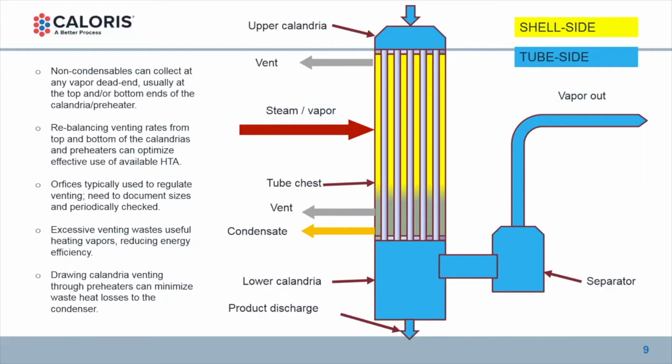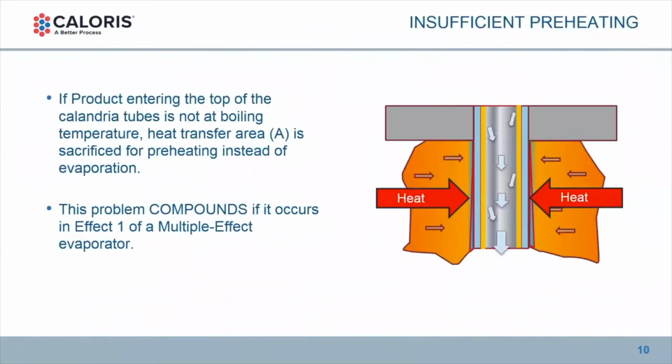And you'll see on an upcoming slide that we utilize venting through preheaters to minimize waste losses, by having generous venting on a calandria and yet minimizing the venting losses going to the waste heat system. So that's venting, the first bullet point on my list of items.